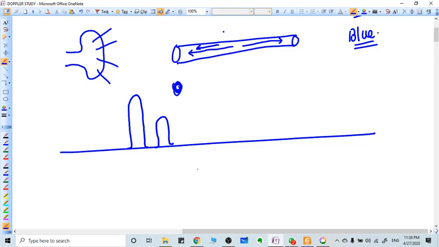Now consider another scenario. If the blood flow in the vessel is away from the probe, then every waveform will appear on this side of the line. If the velocity is more, it will appear more. If the velocity is less, it will appear less. Now you understand how the waveform is there.